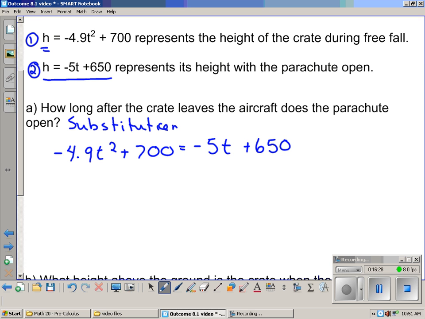I'm going to bring everything over onto one side of the equation. So I'm going to move everything to the right, so adding 4.9 t squared and subtracting 700.